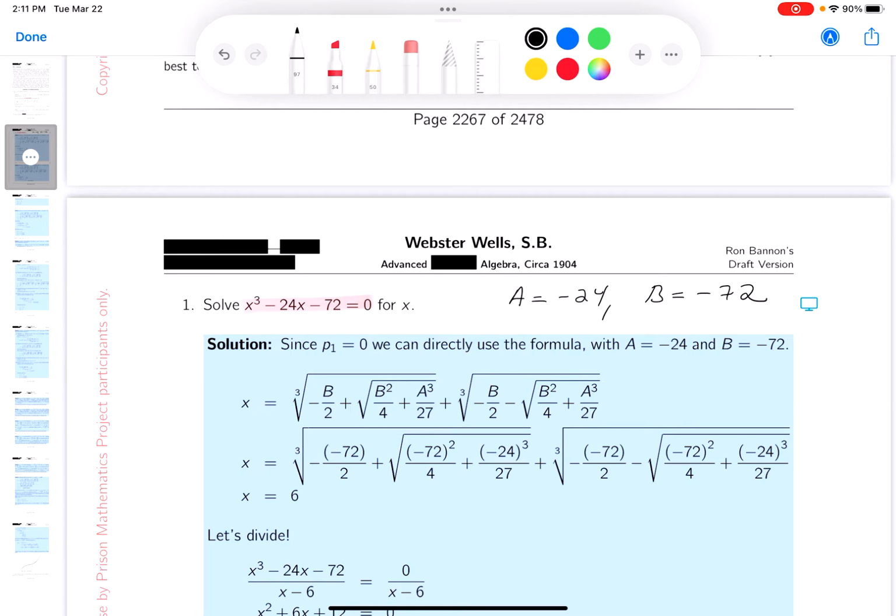For example, I think I always try the rational root theorem. So rational root theorem. We've been doing that for a while, by the way. So what's going to be plus or minus? Well, the factors of 72, that will be 1, 2, 3, let's see, 4, not 5, but 6, yada, yada, yada.